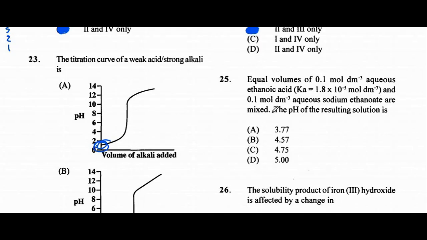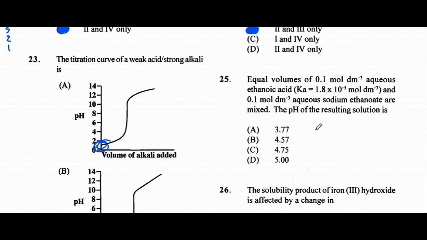So we have a buffer here, and the pH of the resulting solution is, the pH of a buffer, there are two ways to do it, but I'm gonna do it the easier way for me.